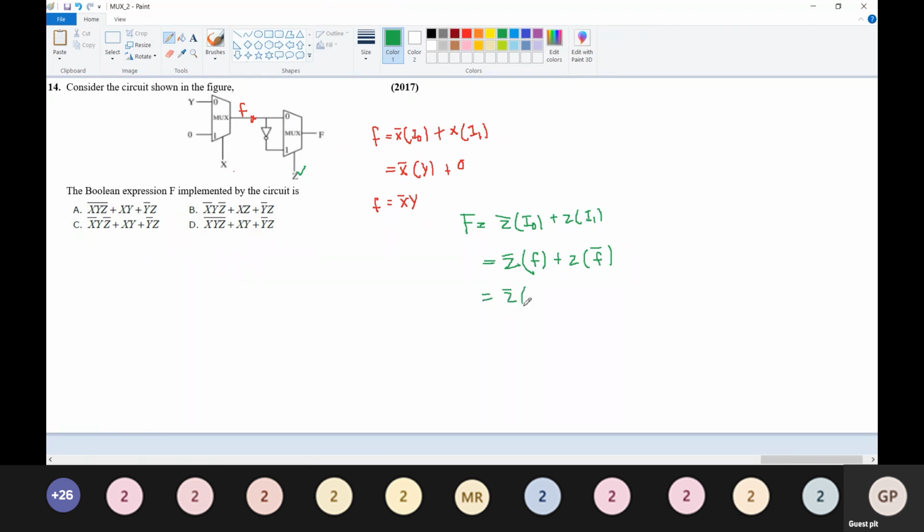Here we'll write the value of f. So Z dash into f is X dash Y, plus Z into X dash Y the whole dash. Further this can be written as X dash Y Z dash plus Z into, applying De Morgan's theorem here, X dash becomes X, the product becomes a plus, and Y becomes Y dash.